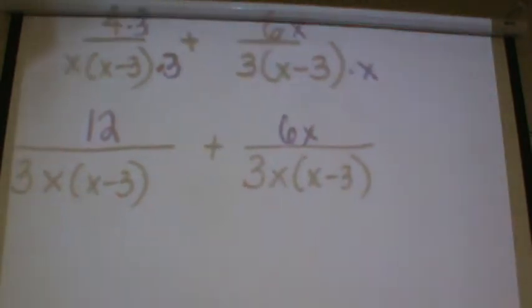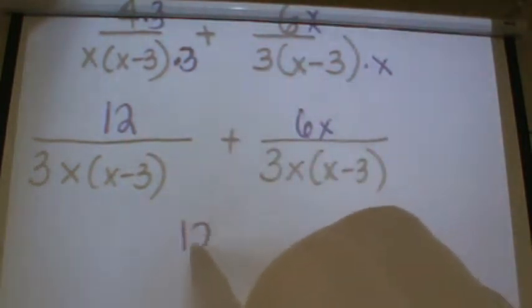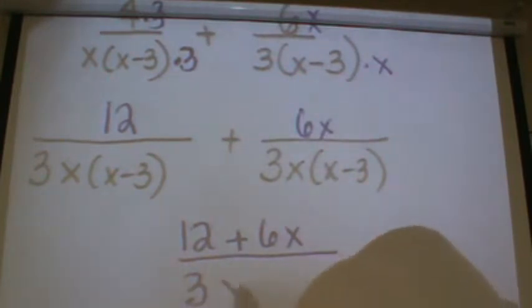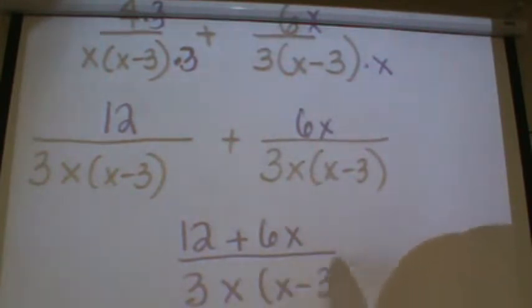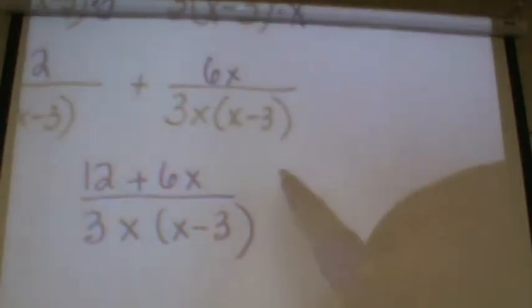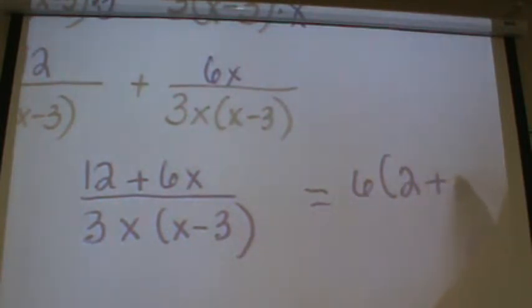So what do you have on top? Do you have 18x on top? No. Now try to factor something out of the top. What can you factor out? 6. What do you get? 2 plus 3.